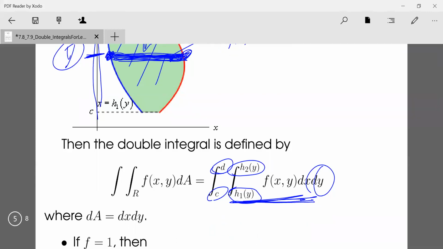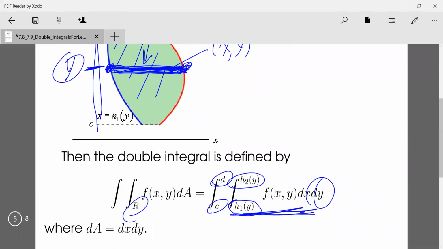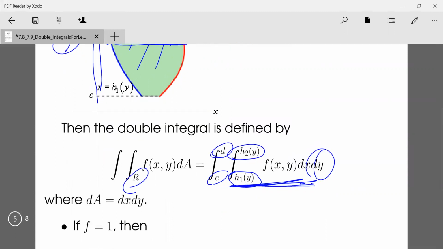Now, sometimes it's possible that the region R can be defined as a type 1 and a type 2 region. In that case, the two integrals or the two definitions will give us the same value.